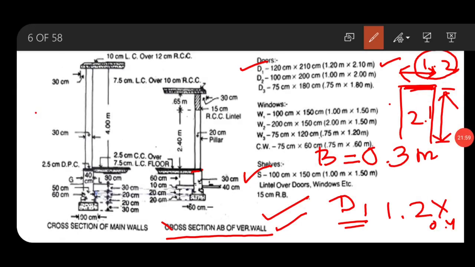So 1.2 is the length of the door and 0.4 is the width of the DPC. Okay.